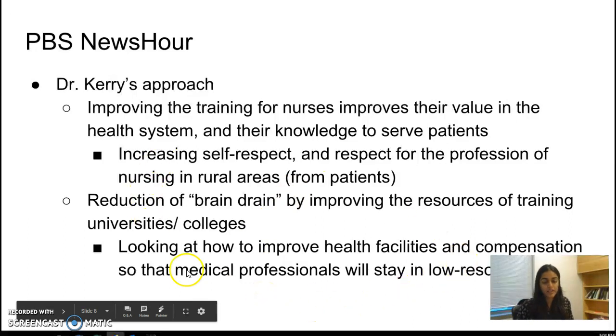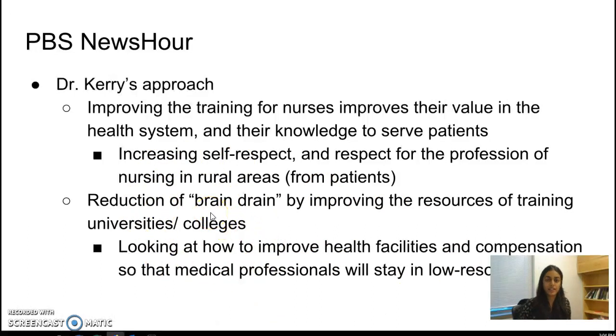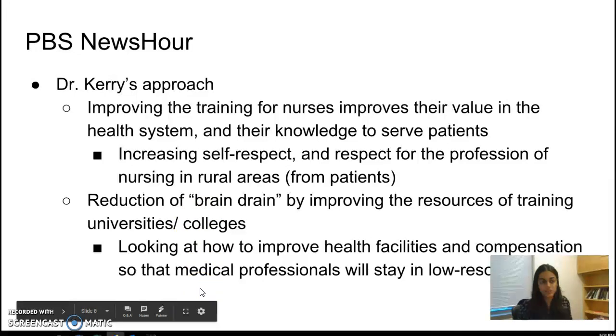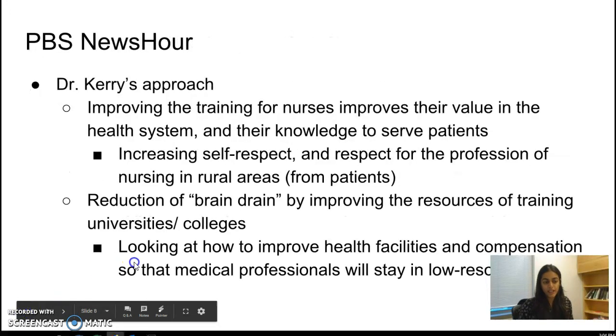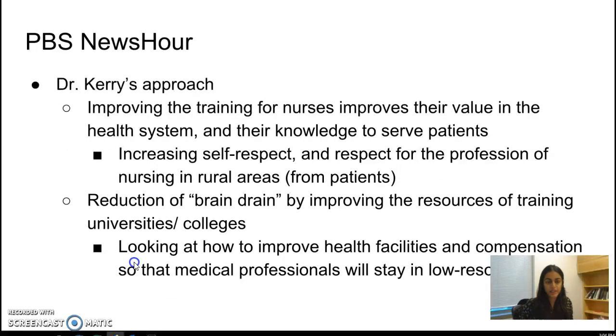But I appreciate that Dr. Carey addressed this issue and how to shift responsibilities onto other providers if there aren't enough doctors. And I believe that's a movement here too in the United States to shift responsibilities. We actually saw that in a previous lecture when there was a possibility of the overturning of Roe versus Wade.